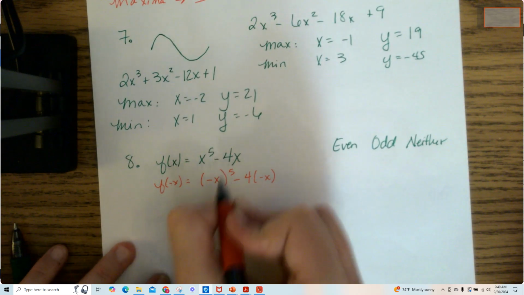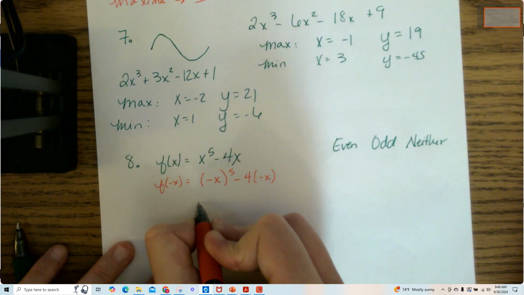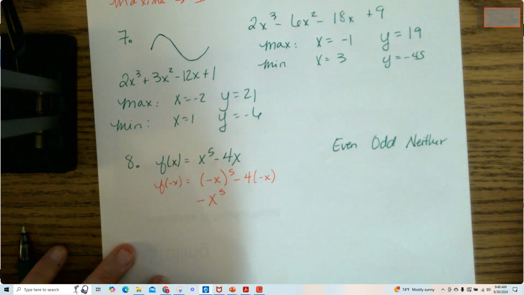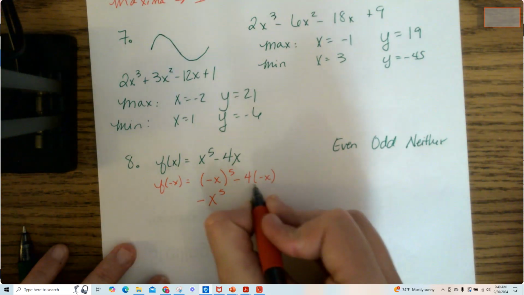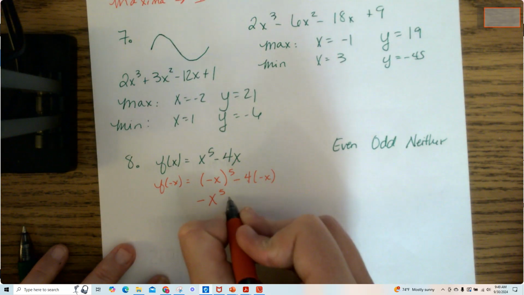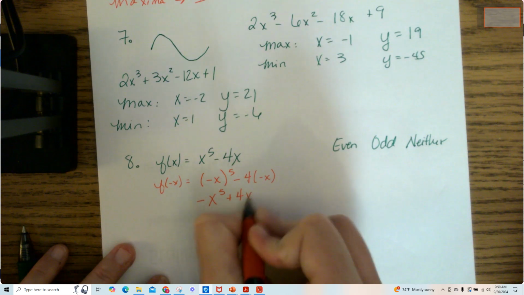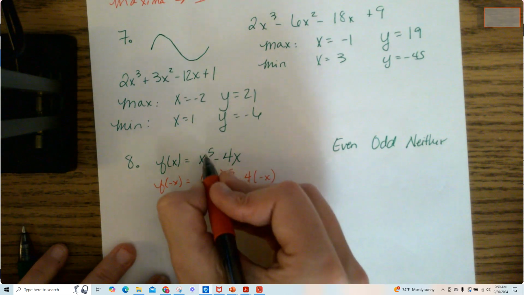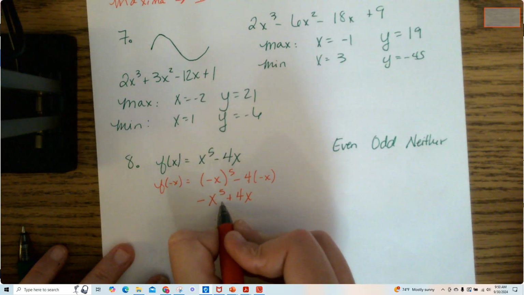So -x to the 5th is going to give me a negative value. Odd exponents, you can get a negative value. This one here, though, -4 times -x is plus 4x. So it's not even, because otherwise this would equal this.